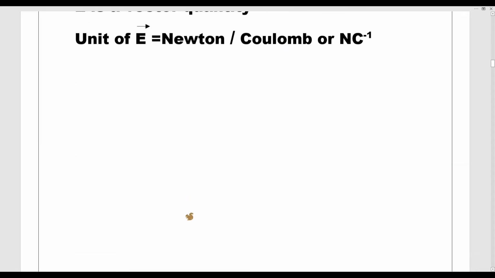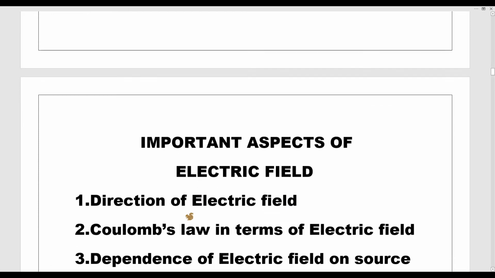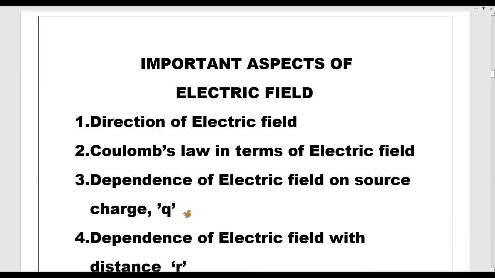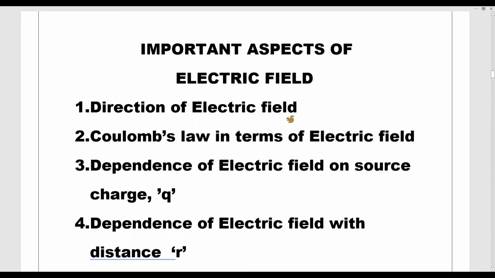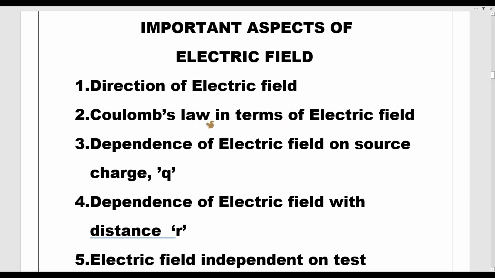Guys, I hope that you all followed the definition of electric field easily, and now we will discuss important aspects of electric field. 7 important aspects of electric field are to be discussed.